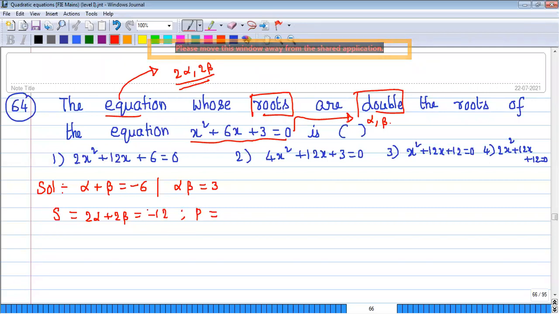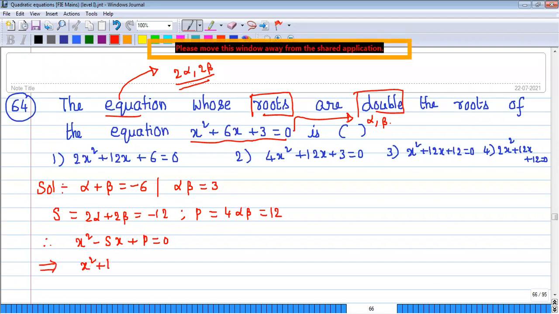The product of the roots is 2 alpha into 2 beta, 4 alpha beta, 4 times 3, that will be 12. So the required equation is x square minus sx plus p equals 0. That implies x square plus 12x plus 12 equals 0.